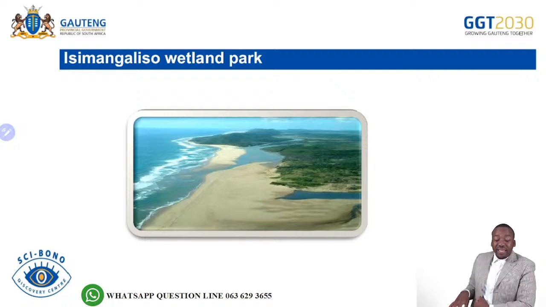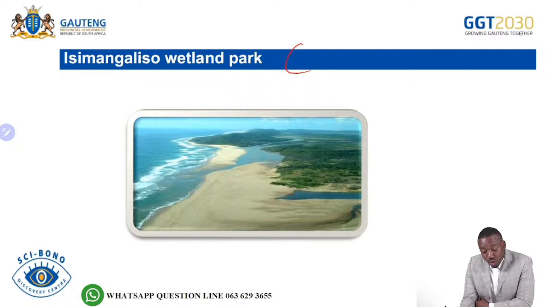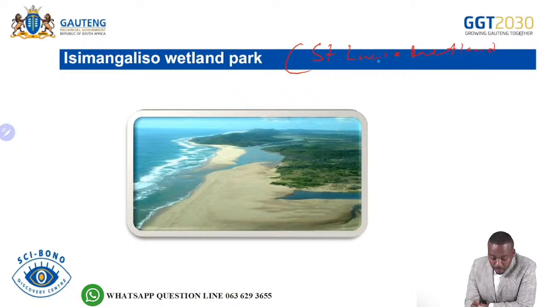Then we've got Isimangaliso Wetland Park. There on your paper, the one that you wrote now, the skills assessment, we spoke about St. Lucia, Wetland Park.